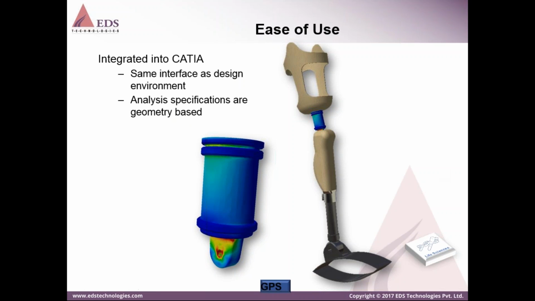If we make changes in the geometry, then we come to the CATIA Analysis workbench, we can just update it, and the results are updated, and we get the results for the modified geometry in very less time.